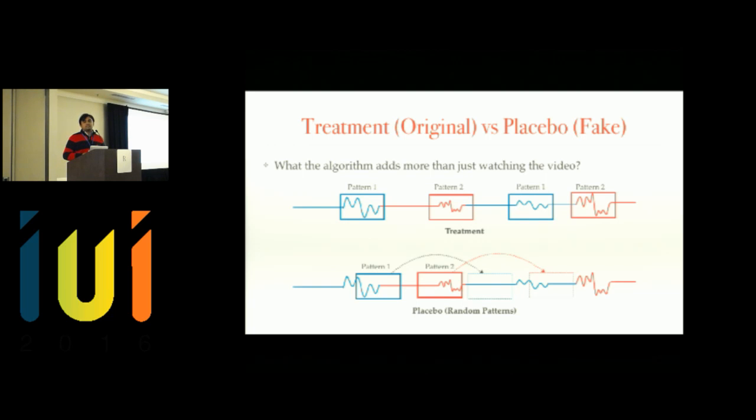It was just some random sampling from the signal, and the window was arbitrarily placed in some other position than the one where it's actually extracted. We did this to evaluate what the algorithm adds more than just the video. So if the user watches the video versus if the user sees this additional information, how does that compare.